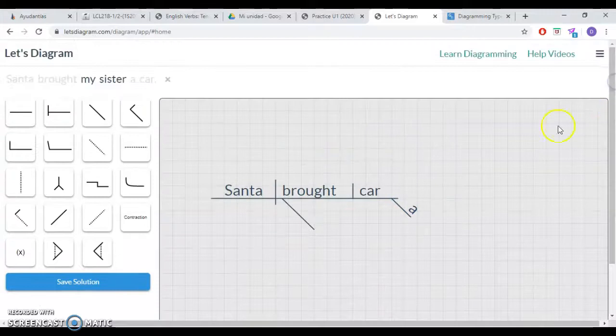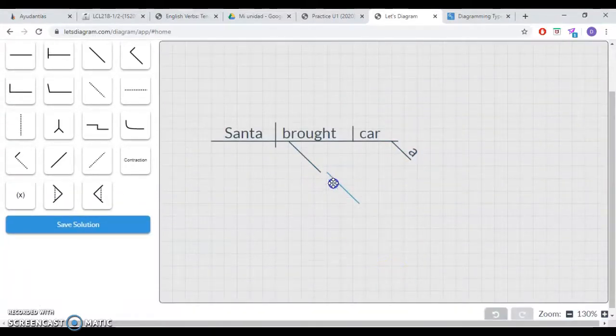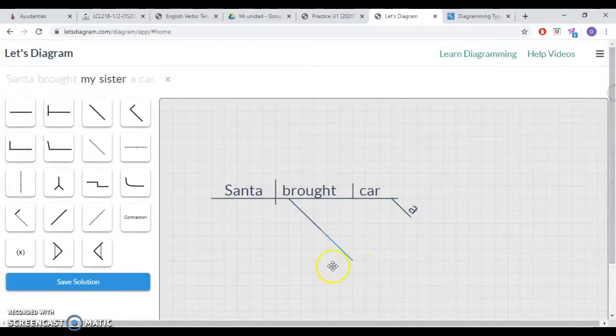Okay, now we have this one, and I'm going to do this. Now I have sister. Sister is a noun, and nouns always go horizontally. Okay, always go horizontally. So I'm going to do this. Sister, and I'm going to add the determiner. Okay, my sister.